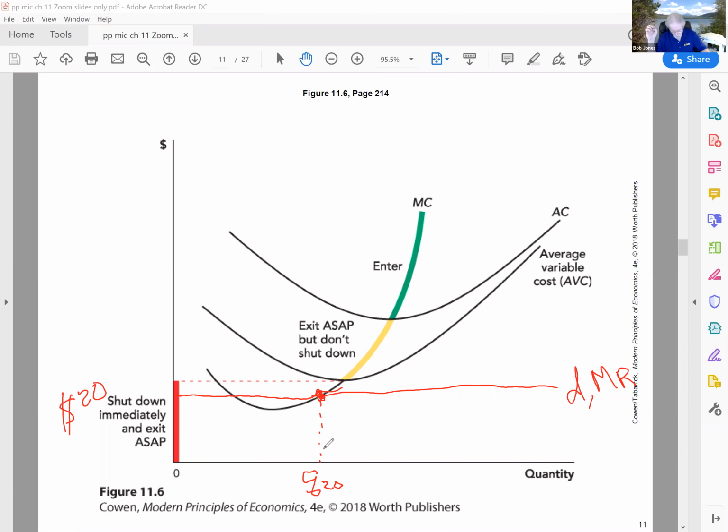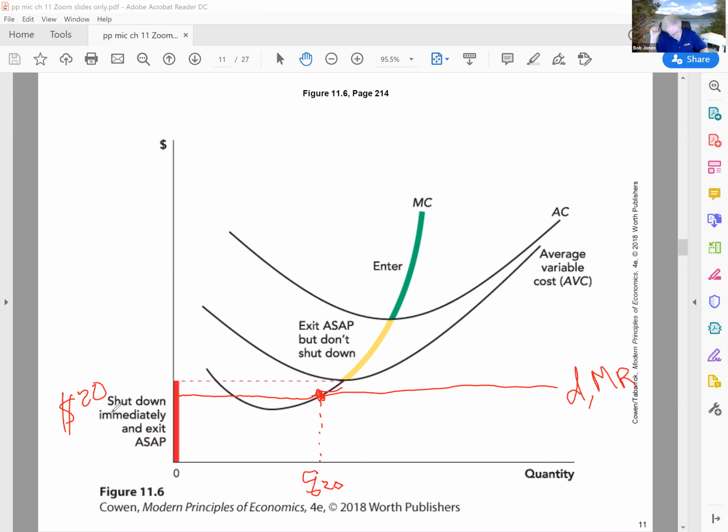But then the question is, are they making any profit? At that quantity, we've got to know their average cost. How do we find the firm's average cost? We look at the average cost curve, and this is the critical thing, we look at the average cost curve at the level of output the firm is now choosing. So notice the sequence.